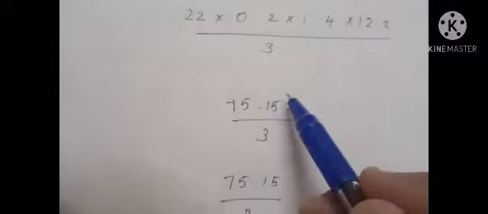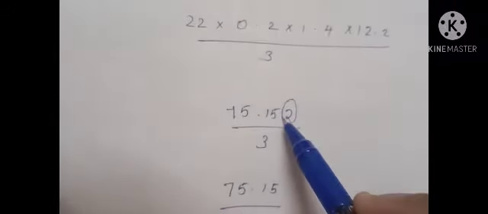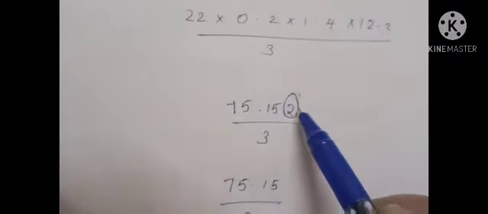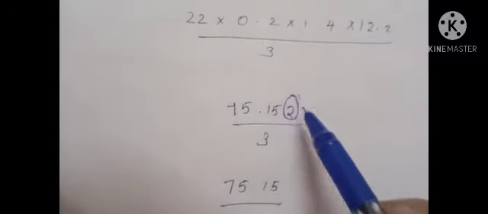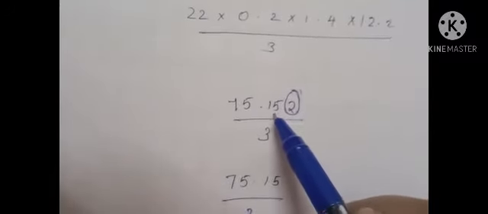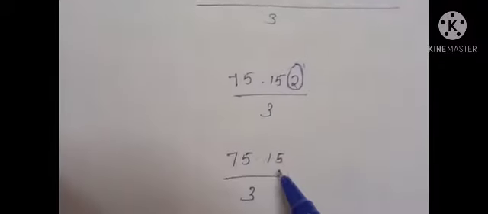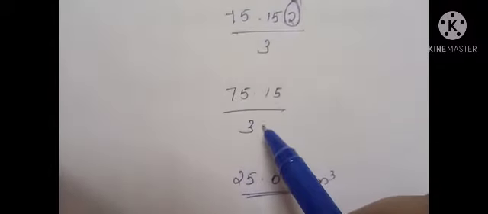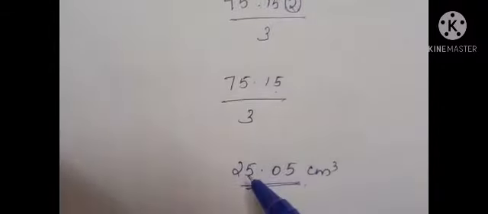We round it to 2 decimal places; for that we encircle the third place. It is less than 5, so we can write 75.15 itself. Then when we divide it by 3, we will get 25.05 centimeter cube. So this is the volume of a gulab jamun.